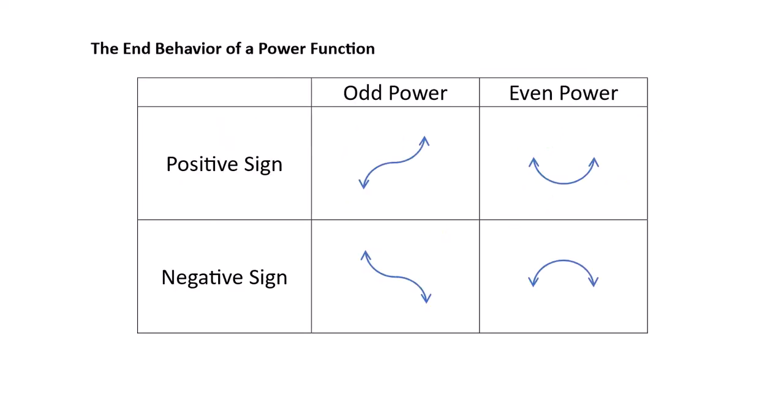So it boils down that the end behavior of a power function is determined by positive or negative sign and odd or even power. Anything that is a positive odd power will have this type of behavior. Anything that's positive and even will have this type of behavior. Anything that is negative and odd, this type of behavior, and negative and even, this type of behavior.